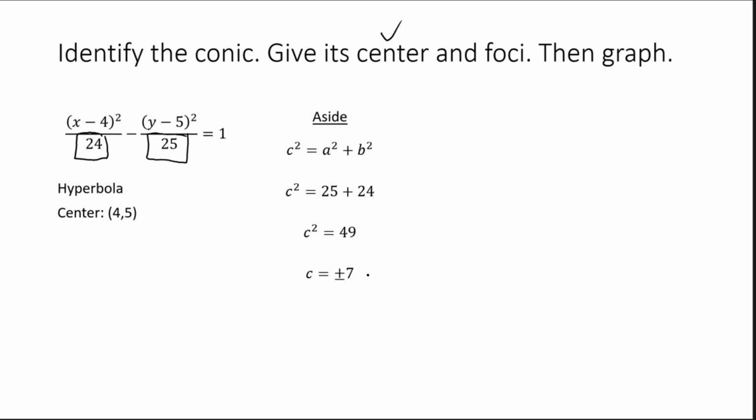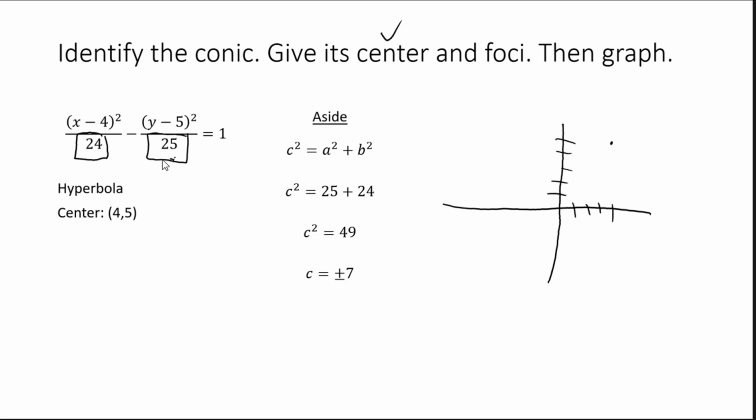So the question is, do we add this to the x component or the y component of the center? Well, to answer that question, we have to figure out which way the hyperbola is opening. All right, so if you were to sketch this quick, we have 1, 2, 3, 4, 2, 3, 4, 5. The center is right here.